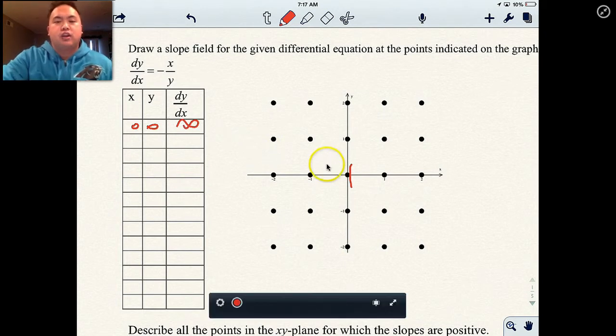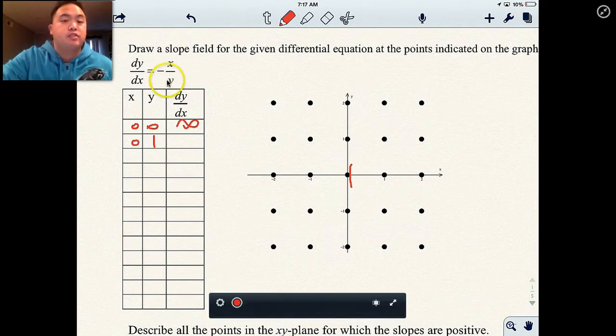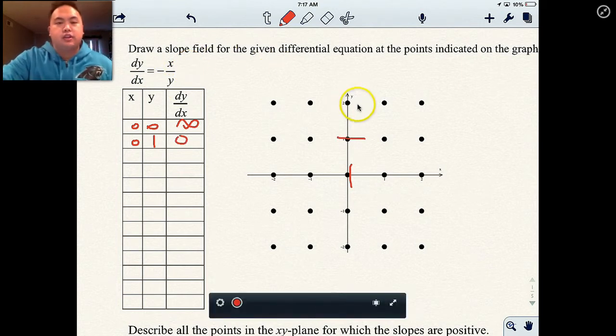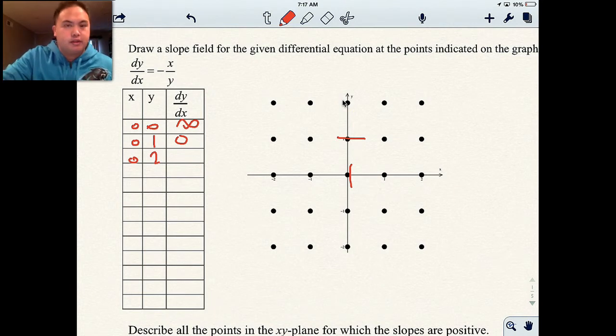Now let's try going up. This is the point 0, 1. If I plug 0 into my formula, I get negative 0 over 1, which is 0. If I go to 0, 2, I will also get 0 divided by 2, which is also 0.